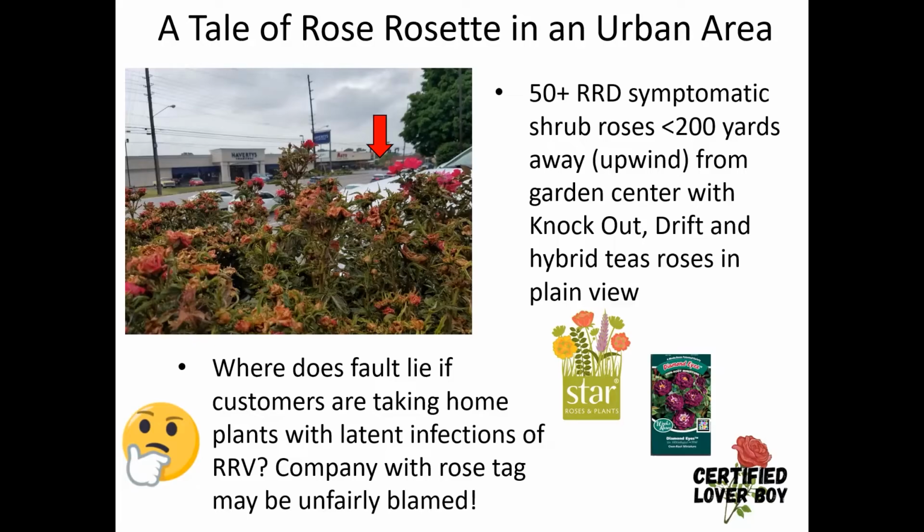But in downtown Shreveport, they found it. And they tried to get an ordinance passed where the city could require diseased roses to be taken out. But the city council didn't want to go along with that. They didn't want more regulations of businesses. So this is a very difficult problem.